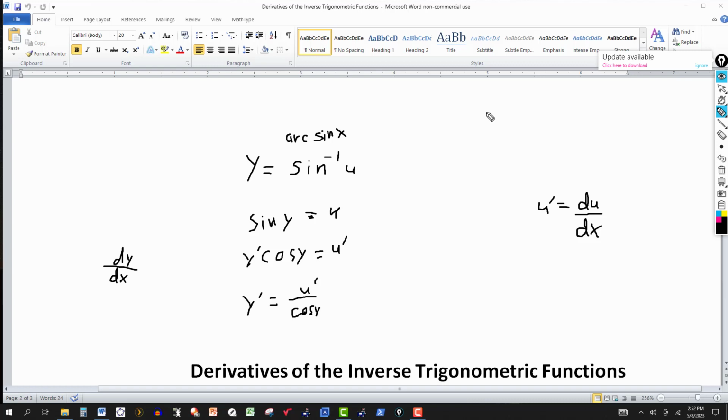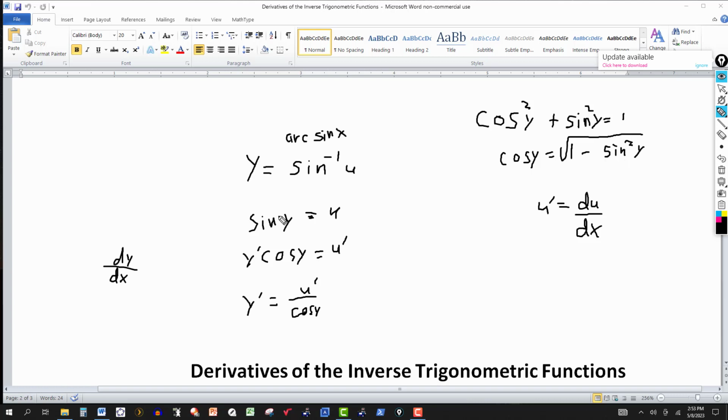And I know from this identity that cosine squared of any angle, in this case y, plus sine squared of that same angle is always equal to 1. So if I solve this for cosine, cosine squared of y will equal 1 minus sine squared of y. And then I take the square root, so on the left side I get cosine, and over here I get the square root of that.